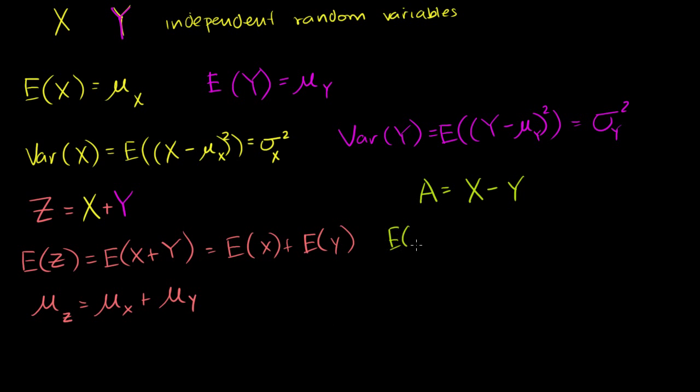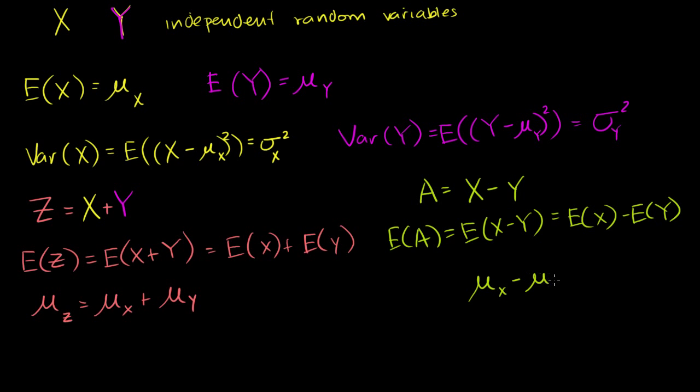The expected value of a is going to be equal to the expected value of x minus y, which is equal to, you could either view it as the expected value of x plus the expected value of negative y, or the expected value of x minus the expected value of y, which is the same thing as the mean of x minus the mean of y. So this is what the mean of our random variable a would be equal to.